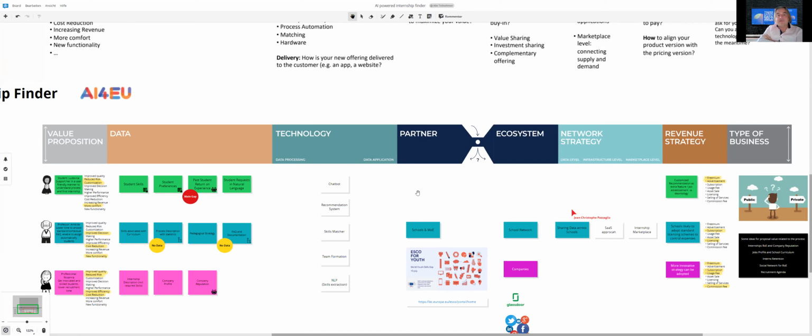Then we have this skills matcher, which is based on NLP, done by FBK, which is up and running. Obviously, we need to test it because it's not straightforward to extract skills from natural language.